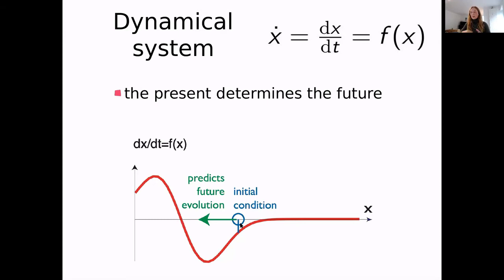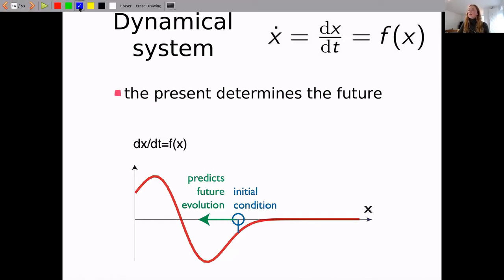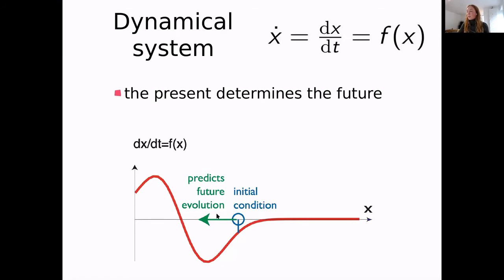And maybe when we measure the system at some discrete time points and we measure it at the next time point, we have a new condition, which is maybe here. And then again, we can read out the time derivative and see, oh well, it's going to negative values again.